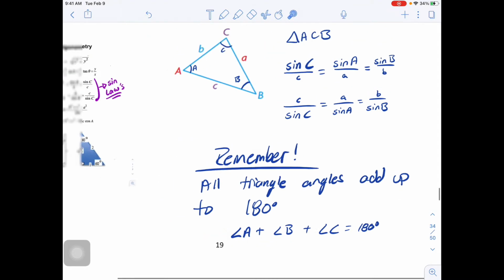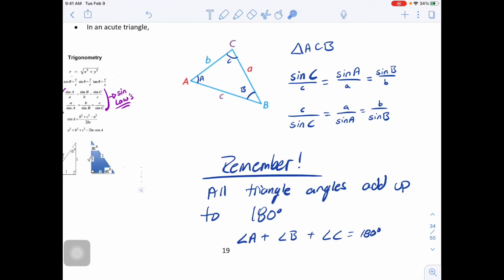I also just want to notate a few other things here on sine conventions. This angle A could also be represented as angle CAB. This notation is the angle created by the legs CA and AB. Sorry, this should actually be CA and AB.